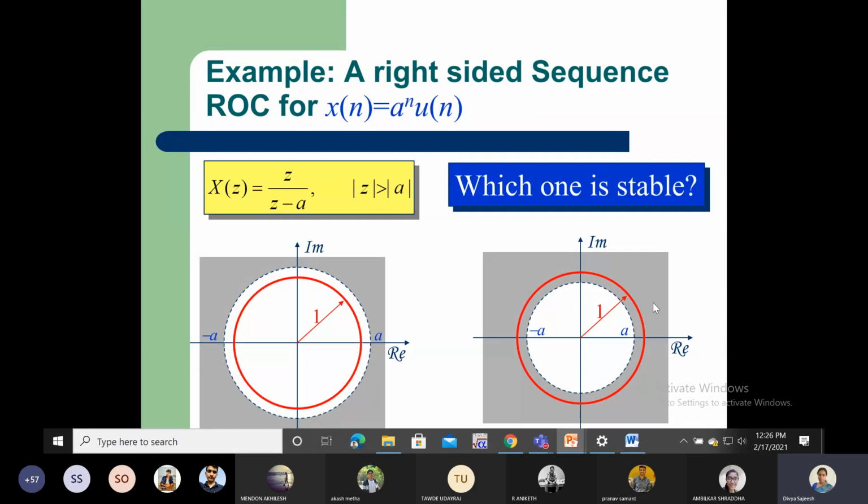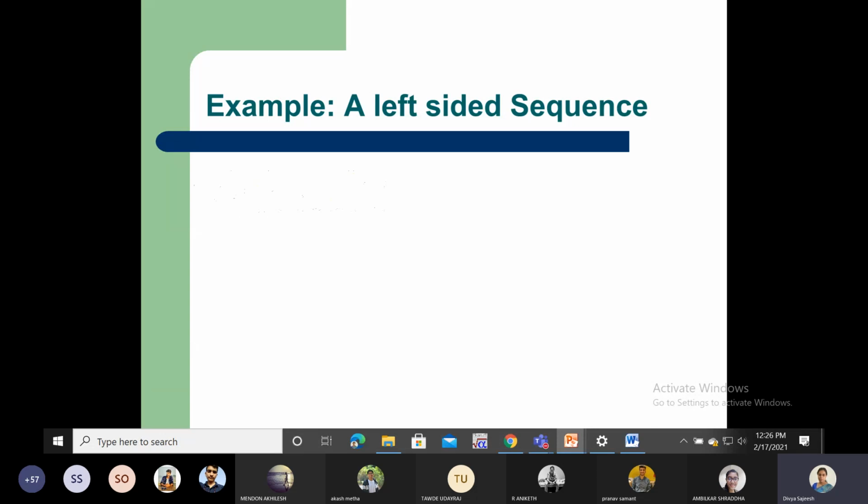That stability we will see later, but keep in mind that it depends on where your unit circle lies, whether inside your region of convergence or outside it.